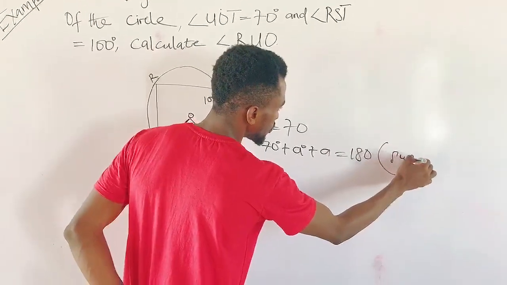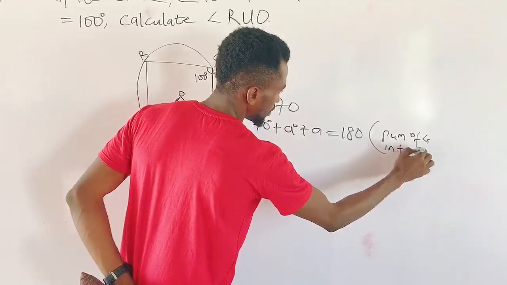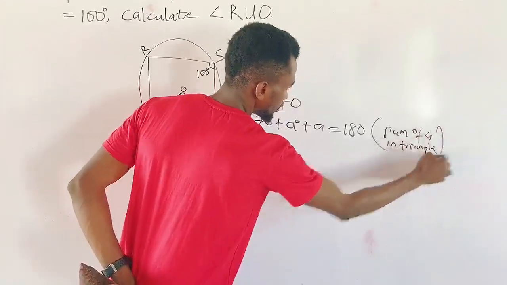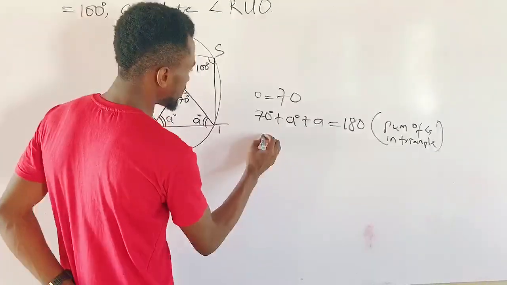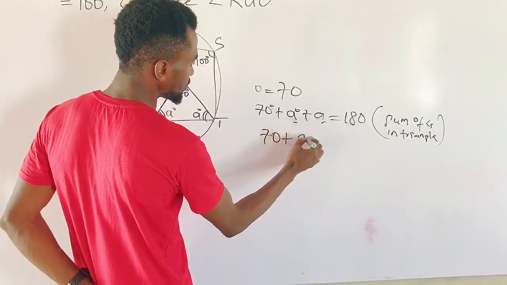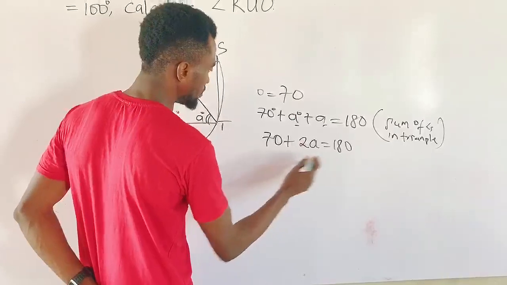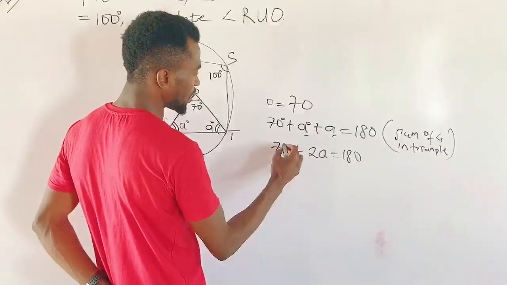Reason: sum of angles in a triangle. So 70 plus A plus A is 70 plus 2A, is equal to 180.